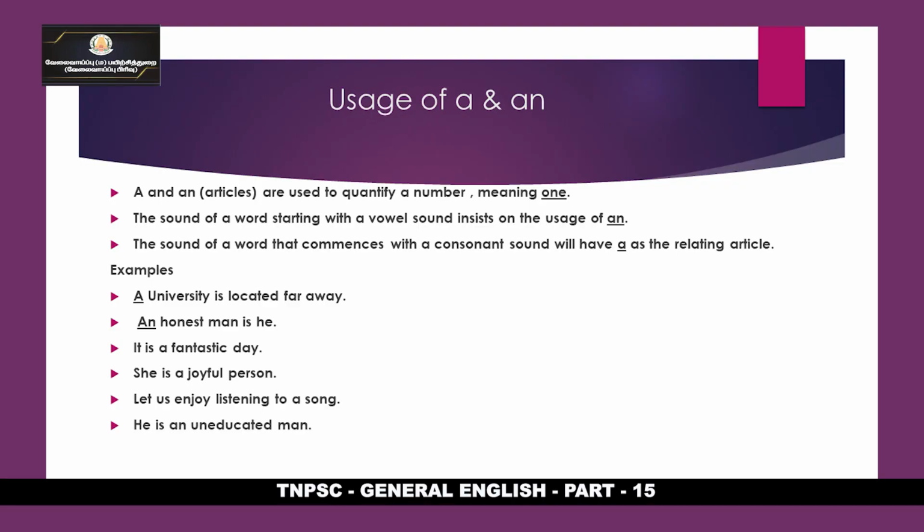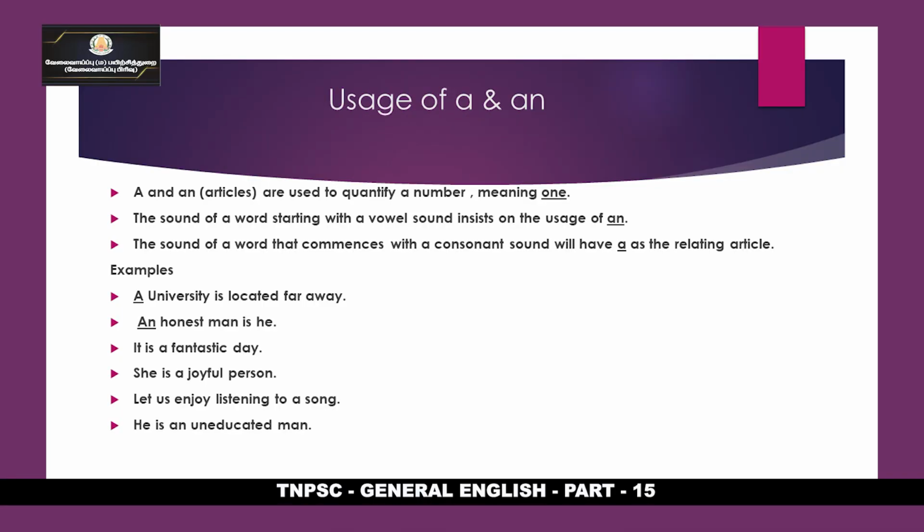If it was umbrella, an umbrella, but university, the Y sound is what is sounded, therefore it becomes a university. Likewise, there is a consonant letter H, but it is silent and it is therefore an honest man is he. That's how you would read that particular sentence.